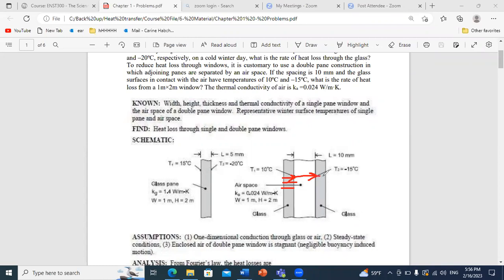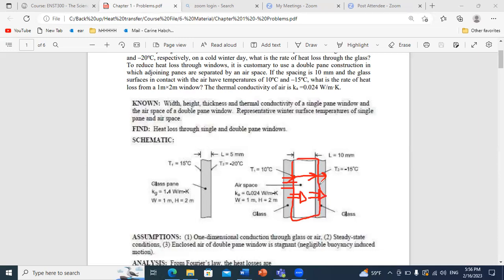The same for the final layer of glass. And because you have steady state, what is coming in from the glass into the air, Q conduction from glass, is equal to what is getting out from the air towards the second layer, which is Q conduction in air.